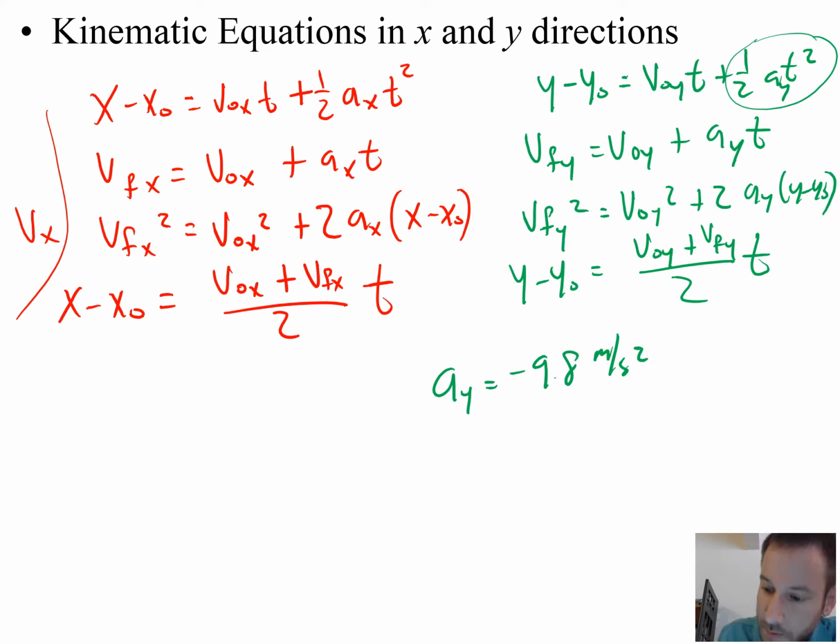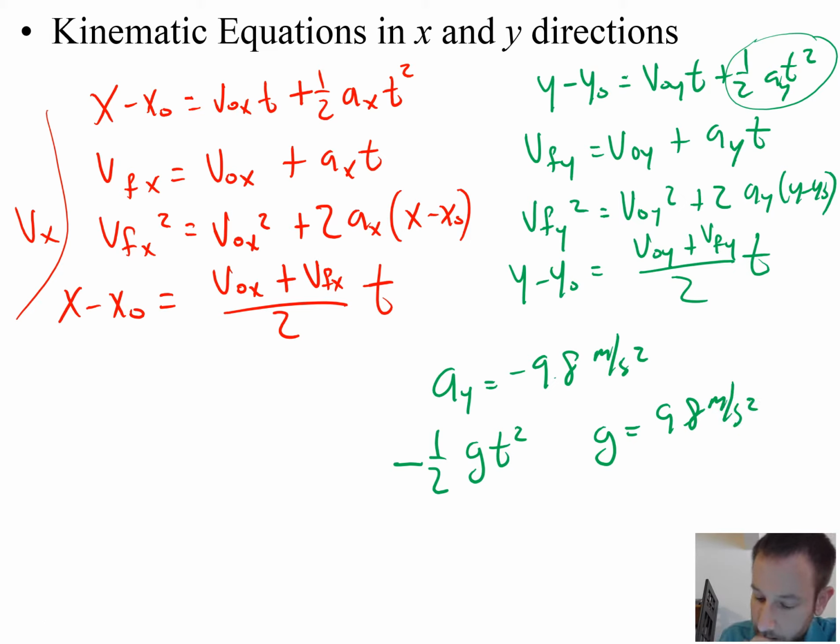So that term, sometimes you'll see as negative 1/2 g t squared, where g is just 9.8 meters a second squared. So notice how it's really the same thing, but we have the negative out in front instead of this positive here, and then g is just going to be 9.8 meters a second squared. So make sure you don't get confused on that.